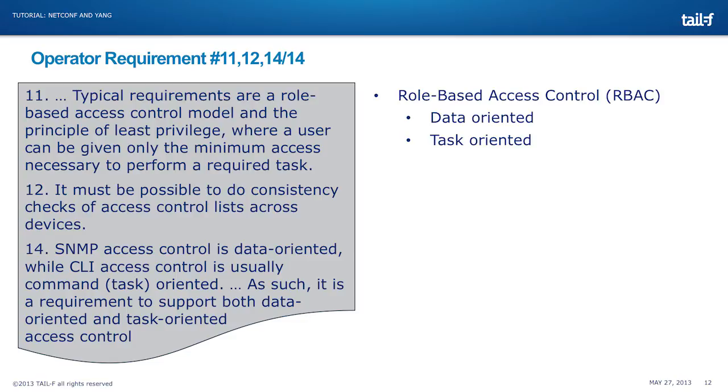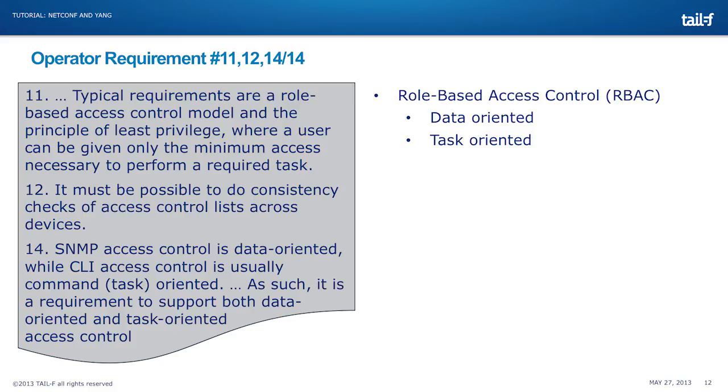Being able to do things such as consistency checks of these access control lists across multiple devices. For those of you who have been involved in network operations, access control lists is one of the big areas that gets managed a lot in devices. Being able to easily, consistently check your access control lists across multiple devices really makes it easier to operate your network.